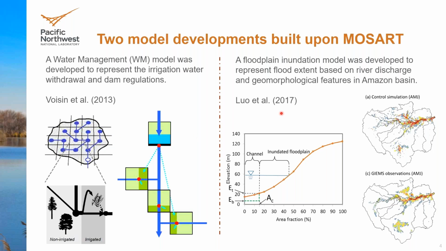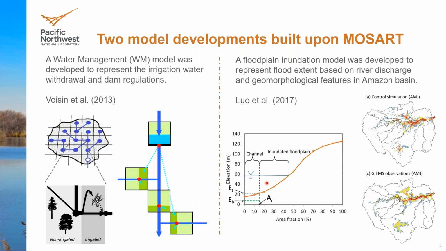Another development is done by Xiangyu, which is also based on MOSART. As you can see, for each grid cell, it divides the channel cells into 2 parts. One is the channel, which constantly has water, and the other is the inundation floodplain, which can communicate with the channel, with water coming in and out to represent the inundation dynamics in the Amazon basin.